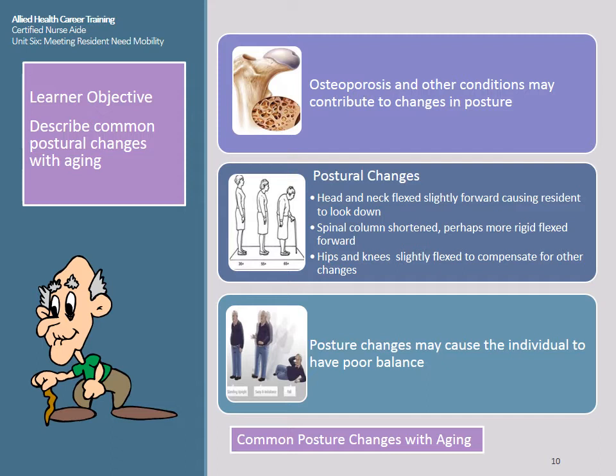Their spinal cord shortens and becomes more rigid and flexes forward. This causes their shoulders to flex forward or even more just towards the ground. Hips and knees are slightly flexed to compensate for the other changes that are going on in their spinal column. Postural changes may cause the individual to have poor balance, and this can lead to falls.